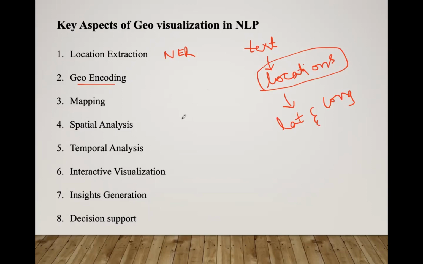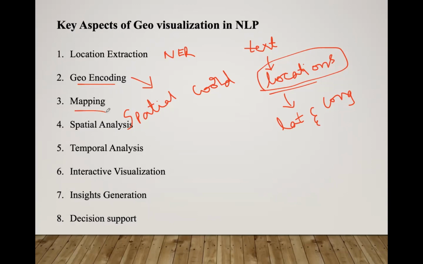Geoencoding methods use spatial coordinates to encode textual place mentions, or these locations, in a geographical context.